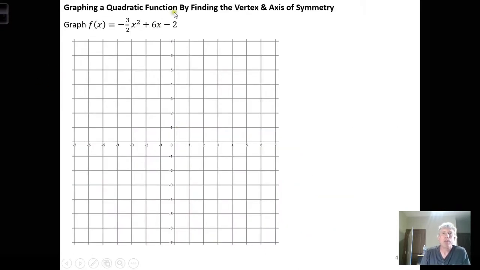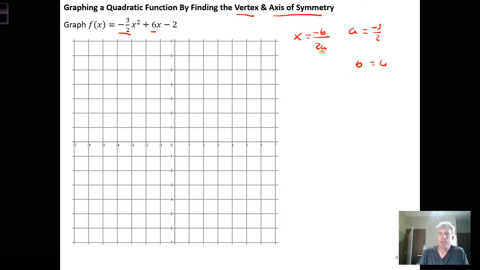Alright, so graphing a quadratic function by finding the vertex and the axis of symmetry. So again, we recognize that x equals negative b over 2a is the axis of symmetry. In this case, we look at our quadratic function. We see that a is equal to negative 3/2, and b is equal to 6.